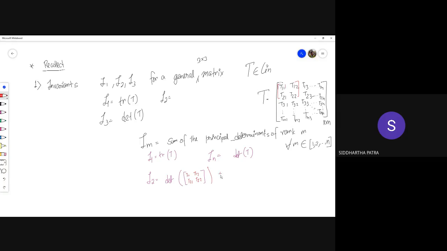Then add to that the next principal determinant of size 2. So next goes this quantity: T22, T23, T32, T33, and so on.